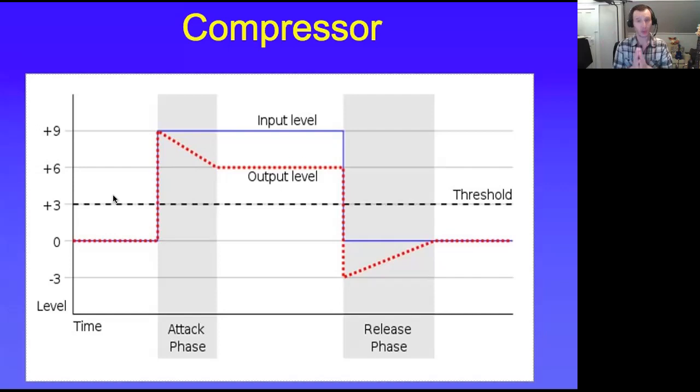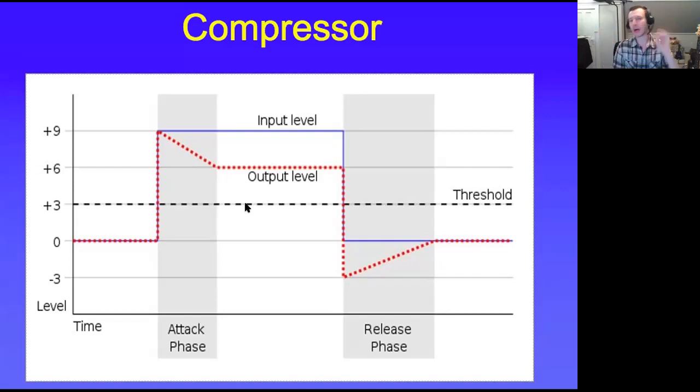The threshold is that point that you're going to make a change, right? I guess that's kind of the definition of any threshold. And then that 4th parameter is ratio. And ratio is the relationship of the signal input level to the signal output level.